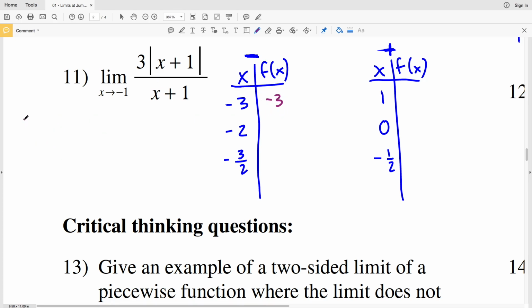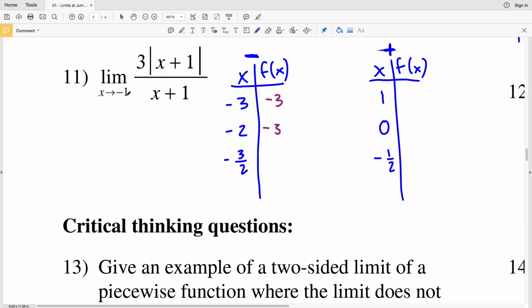Now for negative 2, we'll have 3 times the absolute value of negative 2 plus 1 all over negative 2 plus 1. The absolute value of negative 1 is a positive 1, and that's all over negative 2 plus 1, which is negative 1. So we'll have 3 over negative 1, which is negative 3.